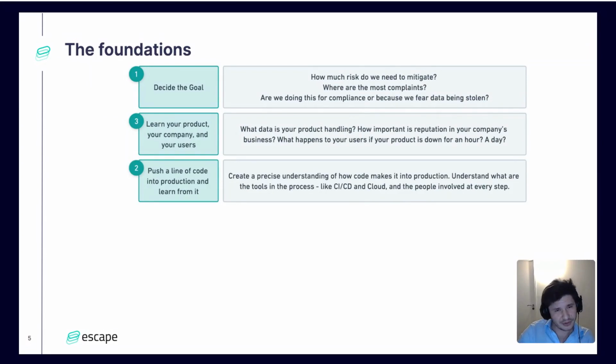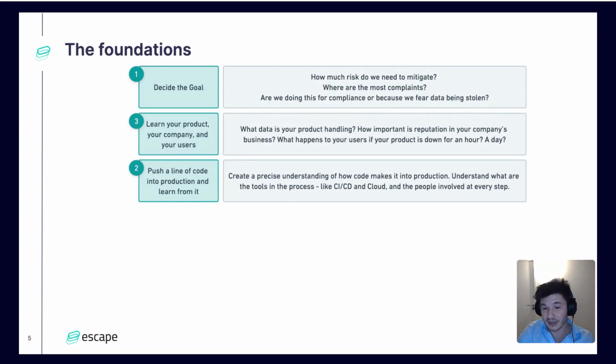The third part that is important, and it looks like it was changed in the presentation, but anyway, is if you push a line of code into production. It starts from understanding, if a developer writes a new line of code in my product, what is the process to put it from the IDE of my developer into production? Does it go through CI/CD? Where is it deployed?